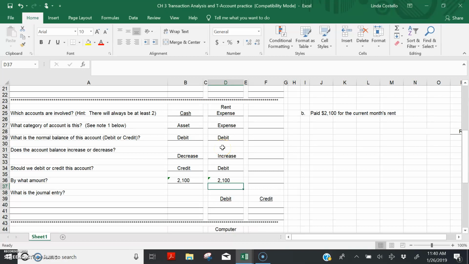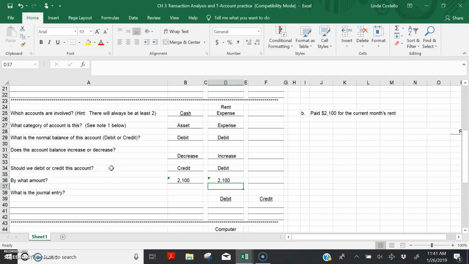Before this business transaction, there was no rent expense recorded on the books. Now we have $2,100 of rent expense, so the balance in the account increases. Should we debit or credit the account?